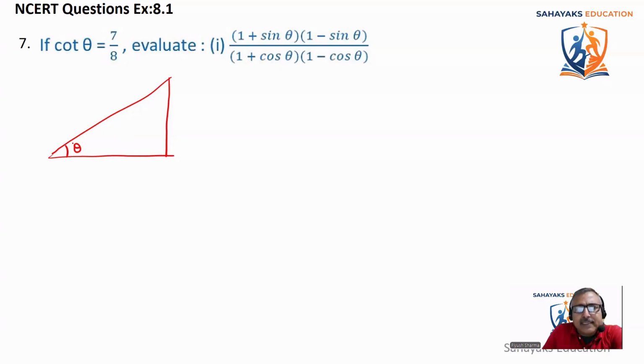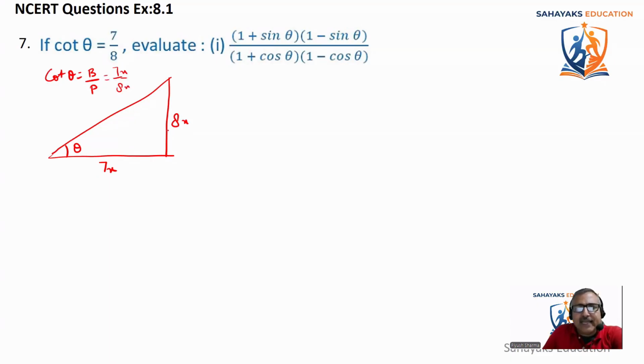Cot theta is base divided by perpendicular. So when it says 7 by 8, we can consider that the sides are 7x by 8x. The ratio is 7x by 8x.